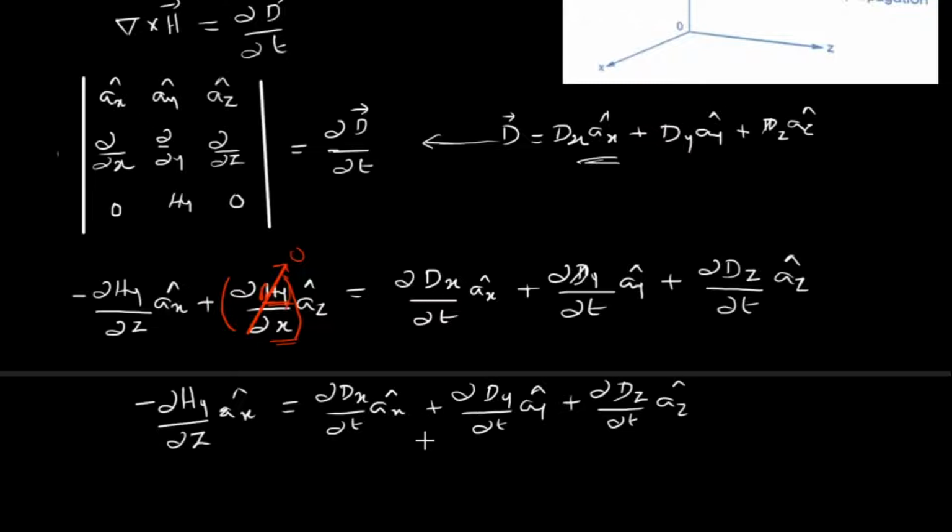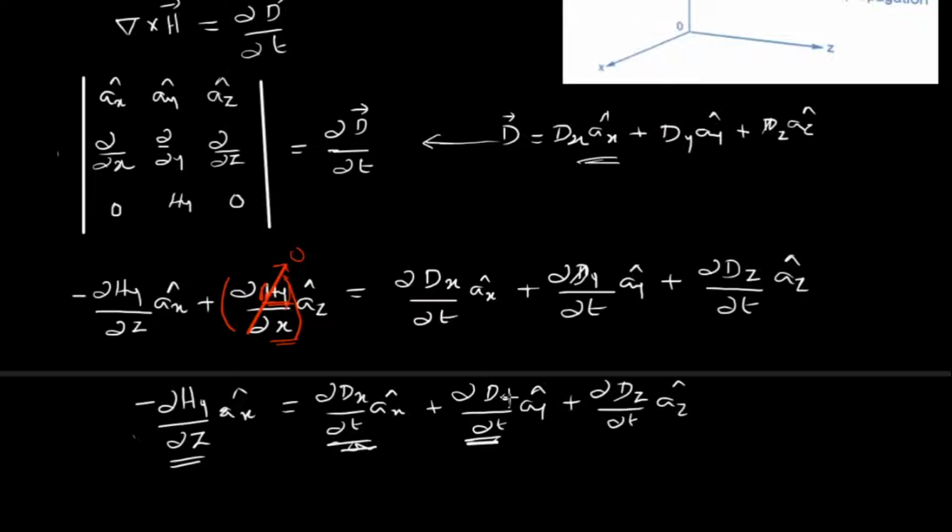Now on the left hand side I have only the ax cap term, and on the right hand side I have terms in all three dimensions. So now I will compare the coefficients. Since it is LHS equal to RHS, for ax cap I have del Dx by del t equal to this, and for ay cap there is no term here, which means del Dy by del t is 0, and del Dz by del t is also 0.